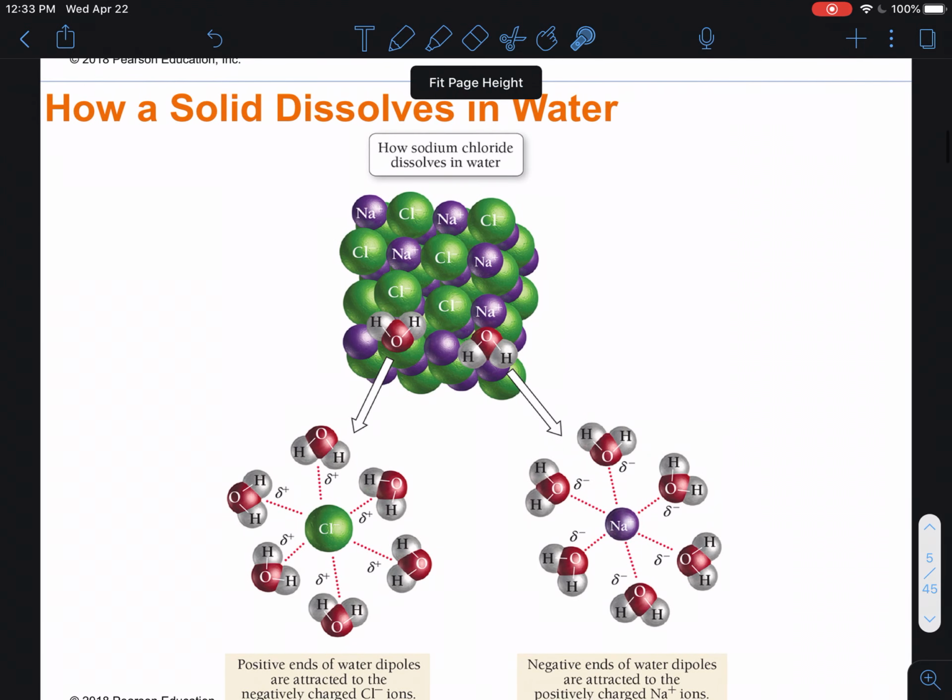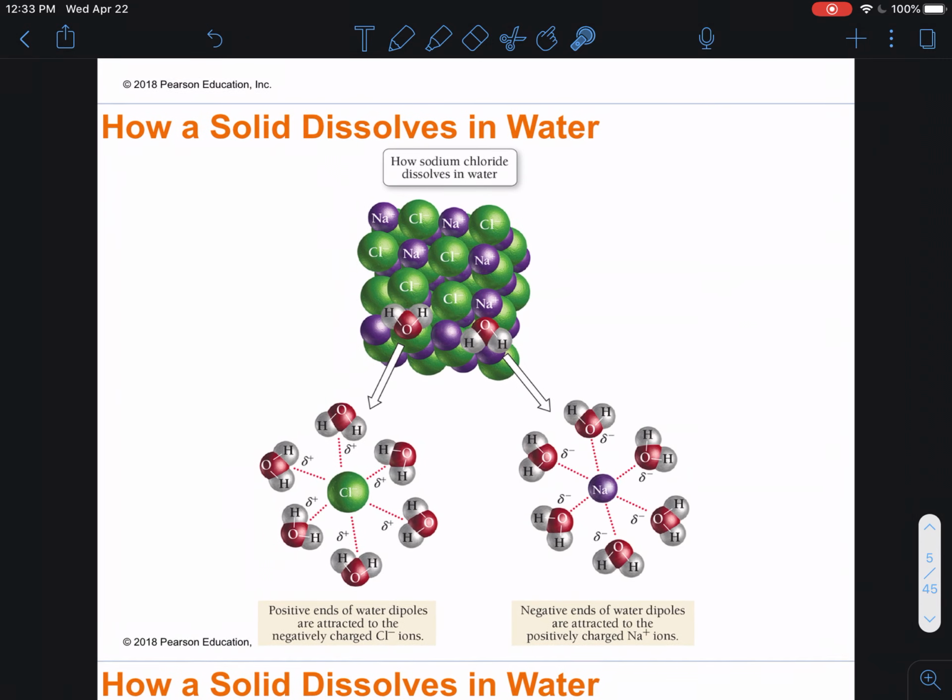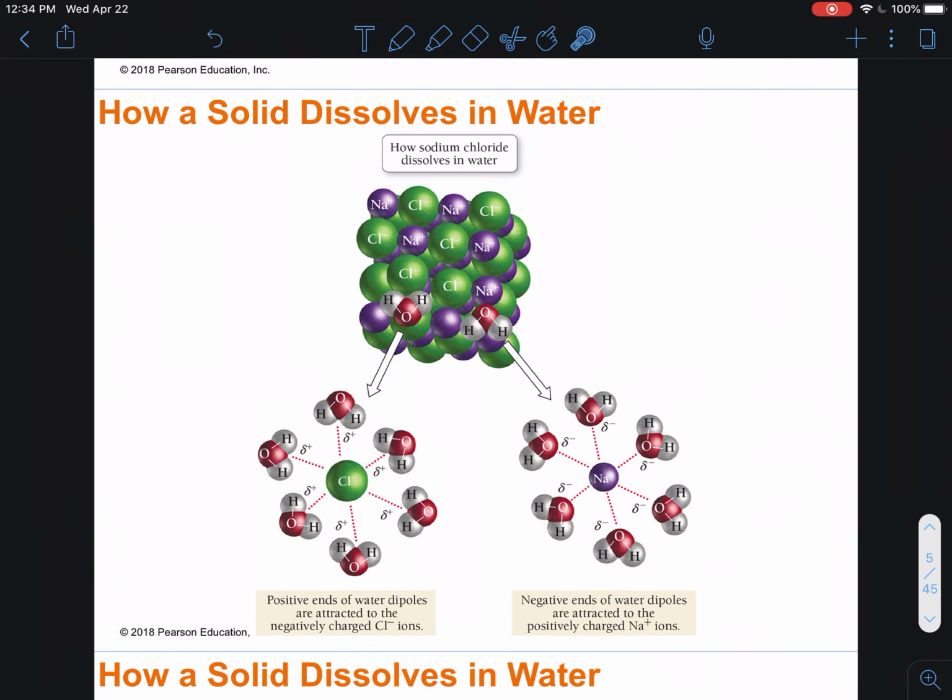So again, why does a solid dissolve in water? What you need to understand is that for sodium chloride, for example, we've talked about this before. When we dissolve sodium chloride in water, it breaks up, we know, into its respective cation and anion.